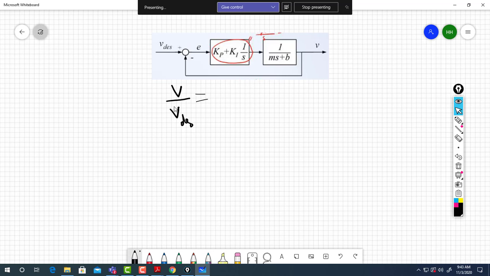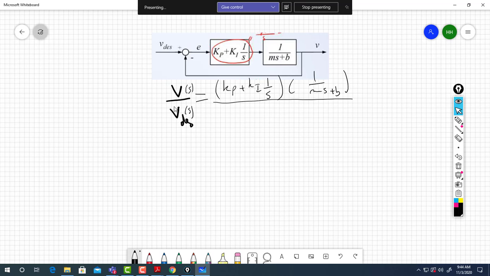Okay, V of s over V desired equals, can you help me? Yes, we multiply Kp plus Ki over s, multiplied by 1 over Ms plus b. Yeah, thank you, Tariq. So forward over 1 plus loop.